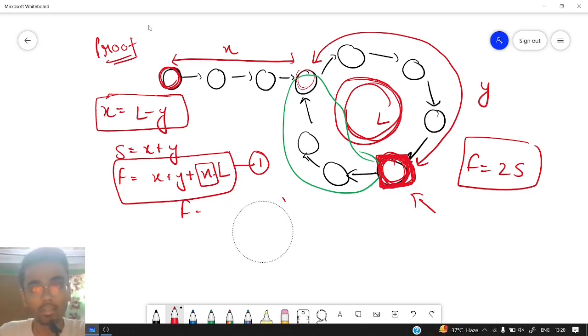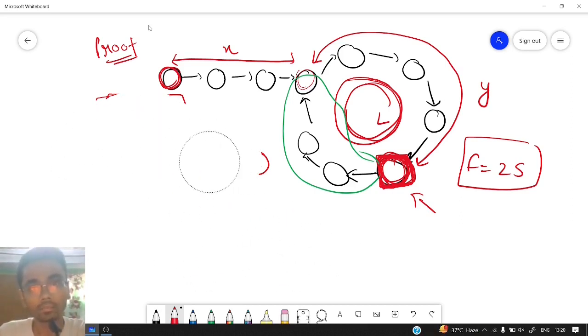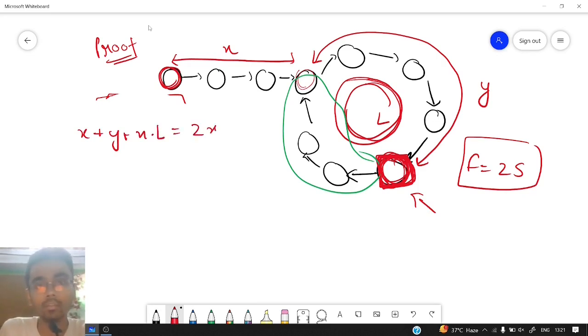So let me erase this. So what was equation 1 and equation 2? So equation 1 was x plus y plus n times L equal to 2x plus 2y. Now what will be n dot L in the end? That will be equal to x plus y.